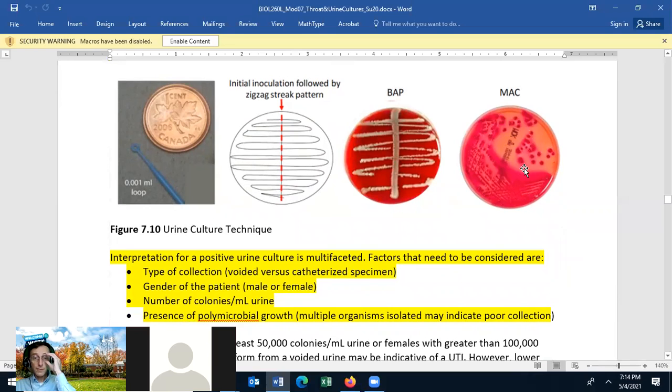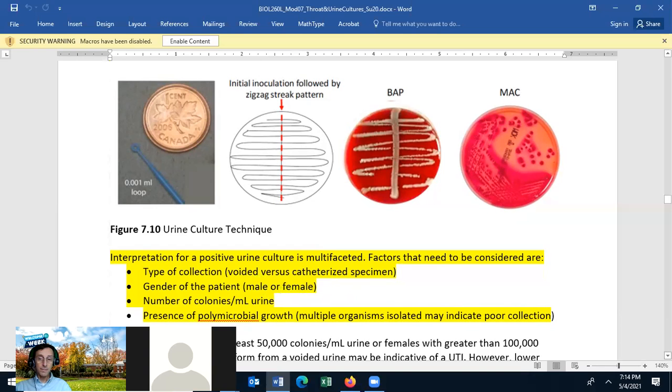The interpretation of a positive urine culture is multifaceted. Factors that need to be considered are the type of collection, voided versus catheterized specimen, meaning a catheterized specimen will have less contamination than a voided specimen. The gender of the patient, whether male or female.